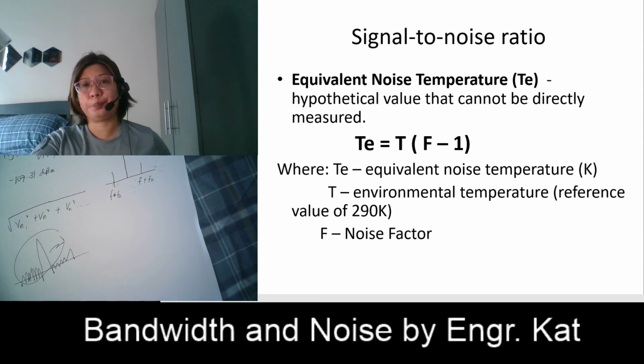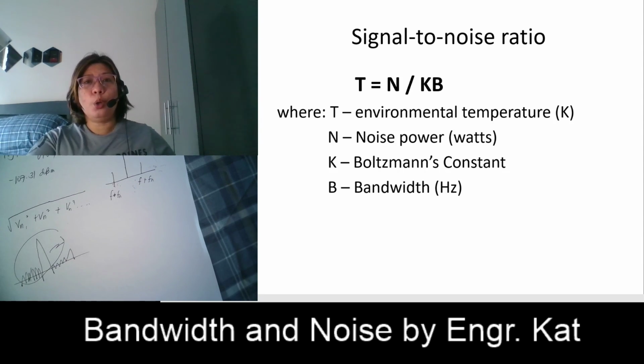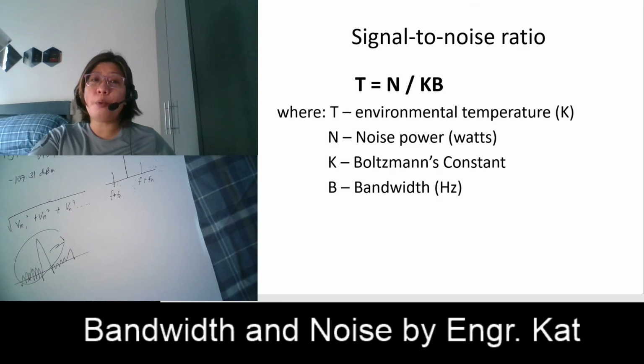So, if the temperature T is not given but the noise power is given, we can solve for it using your original formula earlier, wherein the noise power is equal to KTB. So this time, your environmental temperature is given by the noise power divided by the Boltzmann's constant multiplied by the bandwidth.